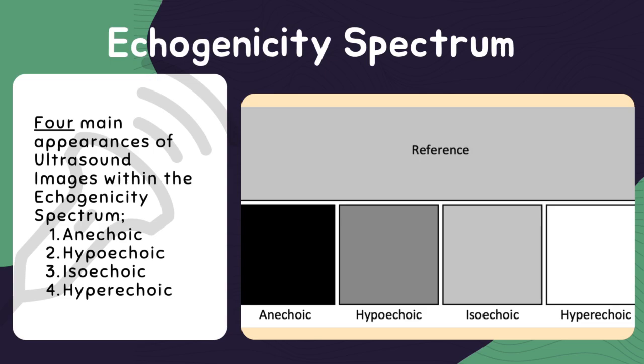Thirdly, the area or structure can appear isoechoic, where it demonstrates the same echogenicity with the surrounding tissue or tissue of reference. And lastly, the tissue or area can appear hyperechoic, where it has either a brighter tint of gray compared to the tissue of reference, or it is completely white.